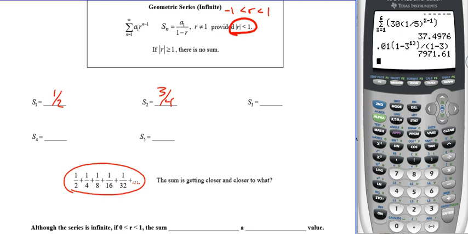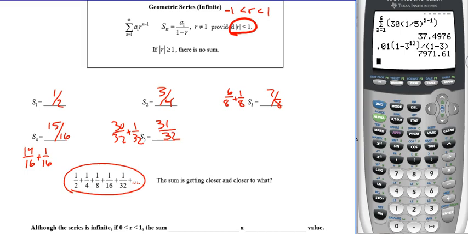Now if I add an eighth to that, that's 6/8 plus 1/8, so that's 7/8. If I add a 16th to that, that's 14/16 plus 1/16. So we get 15/16. And then we get 30/32 plus 1/32. We get 31/32.